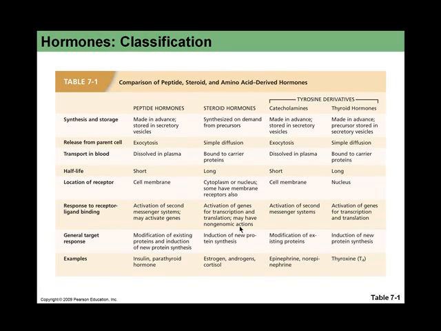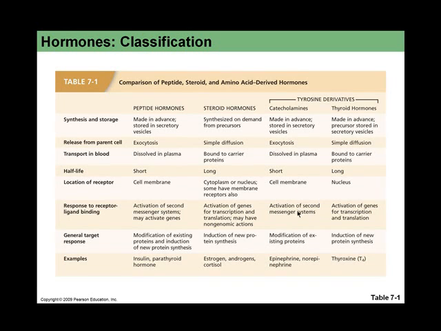Some are well established, we don't understand exactly how they are produced, but they're reproducible. So we know that there are some non-genomic effects on proteins within the membranes, giving independent responses independent of changes in gene transcription and translation.